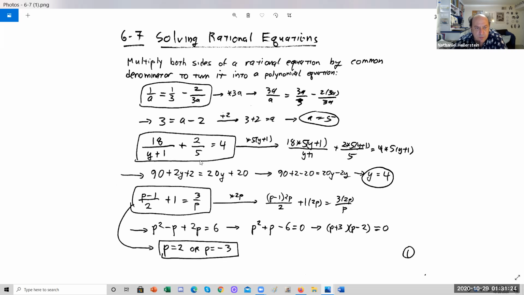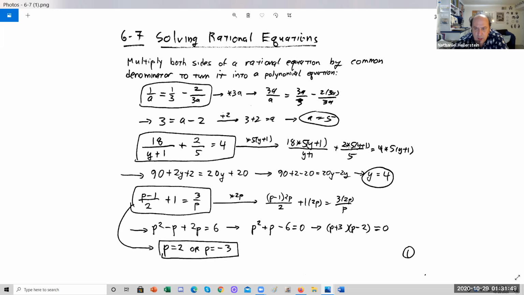All right. Here we have 18 over y plus 1 plus 2/5 equals 4. Here the lowest common denominator is 5 times y plus 1. So you multiply 18 times 5(y plus 1) over y plus 1, plus 2 times 5(y plus 1) over 5, equals 4 times 5(y plus 1).